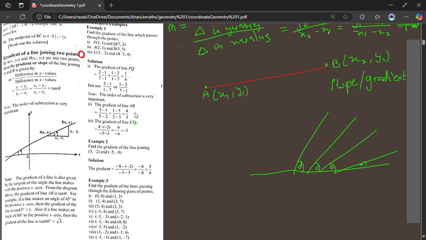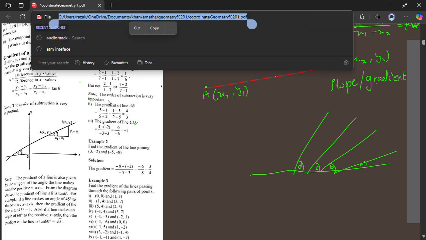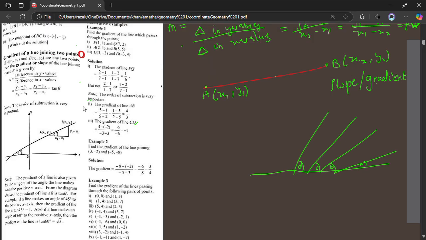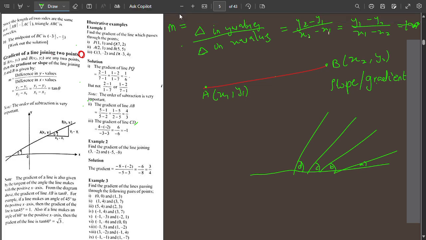Earlier I was explaining that gradient or slope describes the angle a line makes with the positive x-axis.